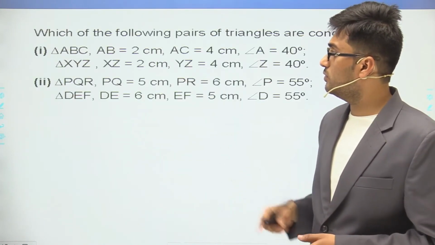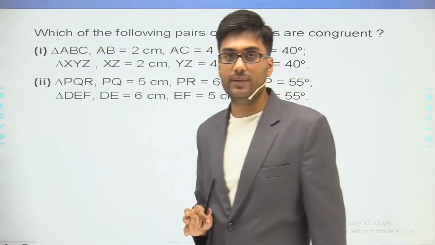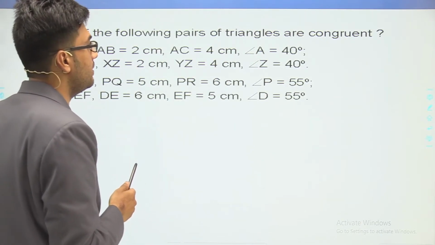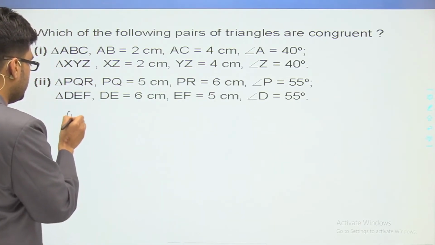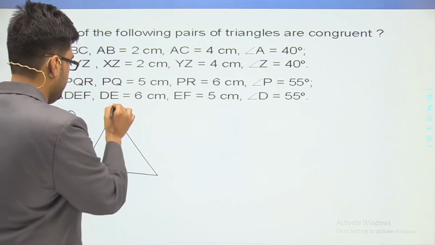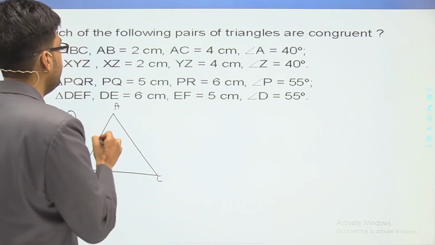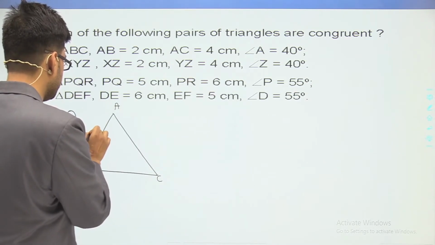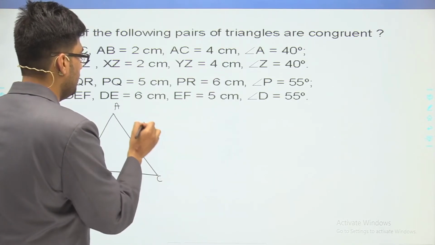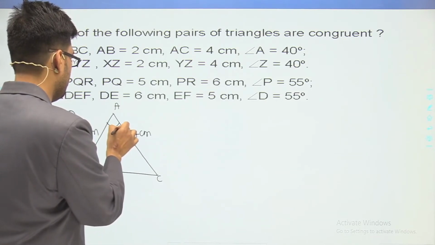Which of the following pairs of triangles are congruent? Here we have two examples. We have to give the answer which pair of triangles is congruent. For the first, it is given that we have triangle ABC, with A, B and this is C. AB is 2 centimeter, AC is 4 centimeter and angle A is 40 degrees.